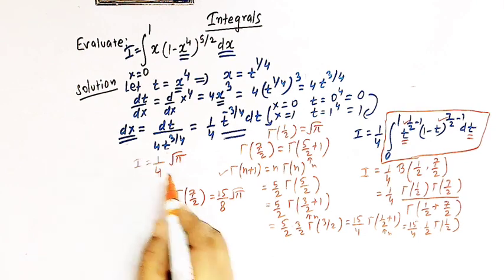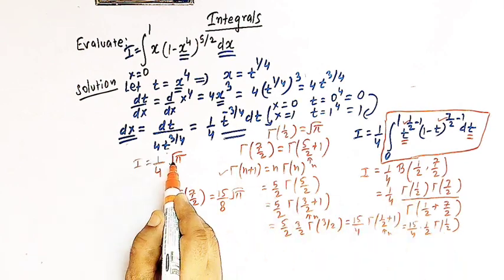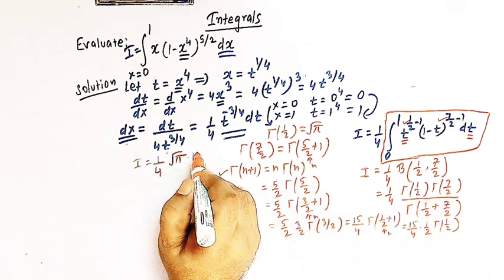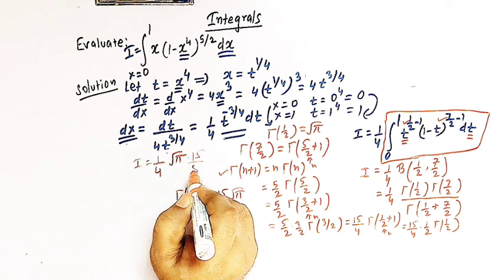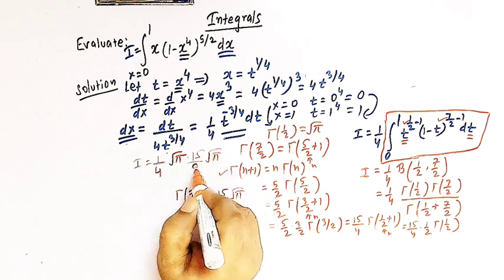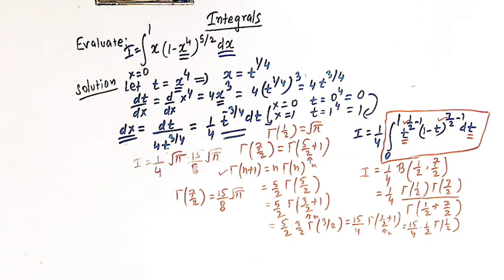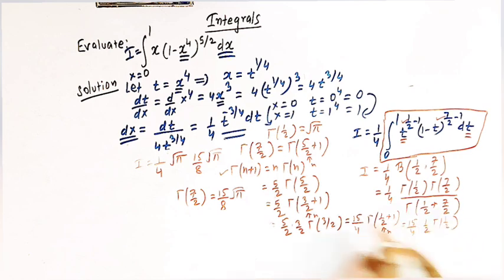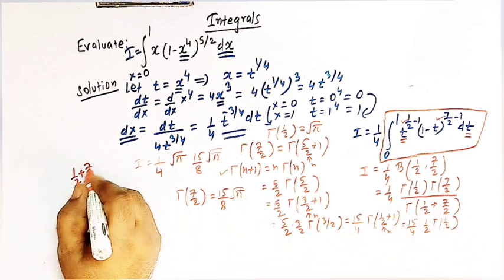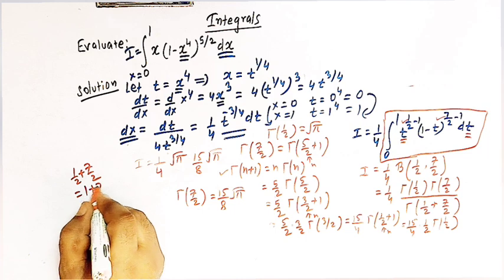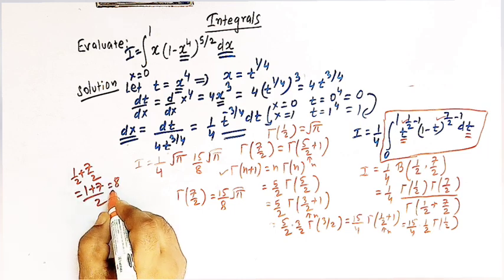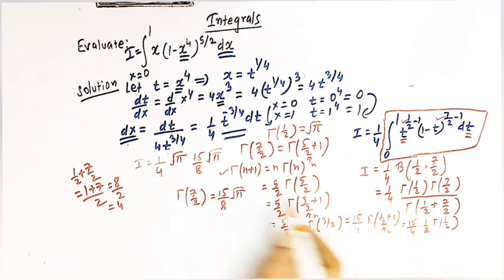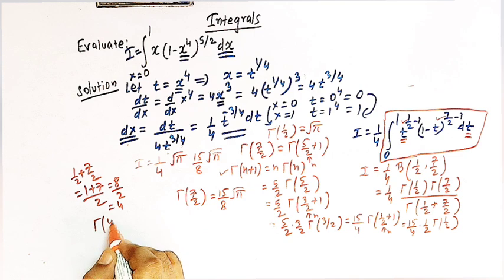So now I is 1 by 4, gamma half is square root of pi, and gamma of 7 by 2 is 15 over 8 times square root of pi, right? And in the denominator we have gamma of half plus 7 by 2. So half plus 7 by 2 is 1 plus 7 over 2, that is 8 over 2, that is 4. So in the denominator we have gamma of 4.